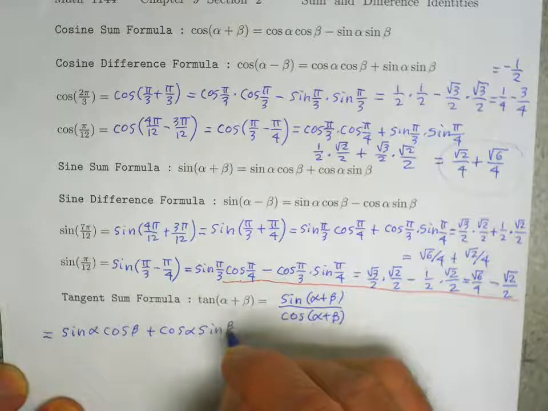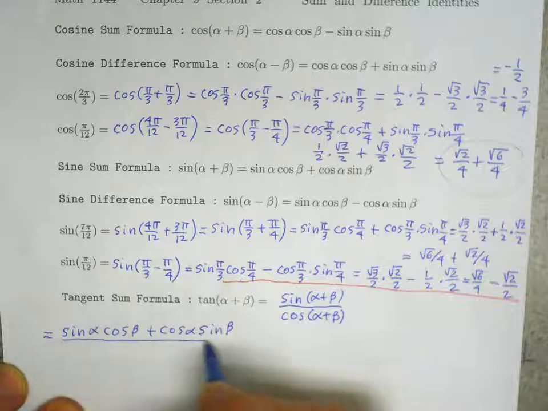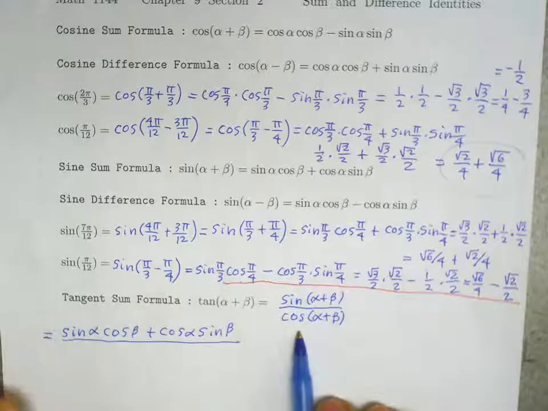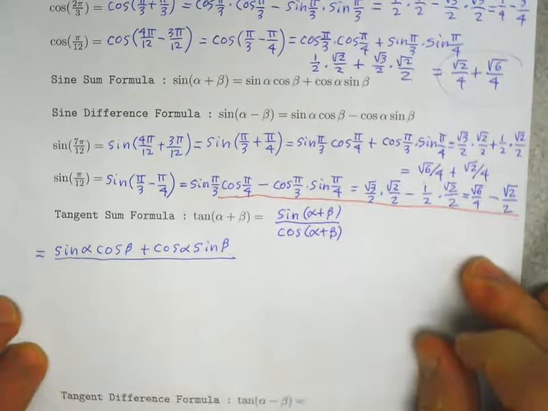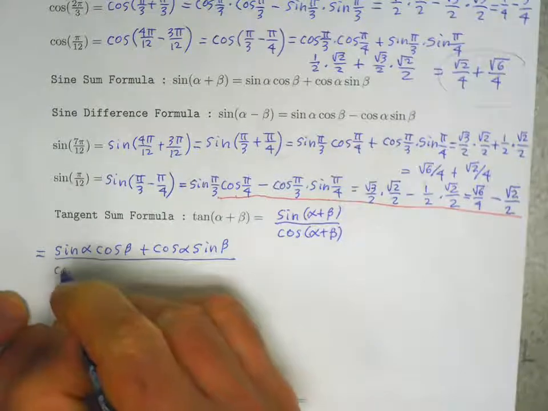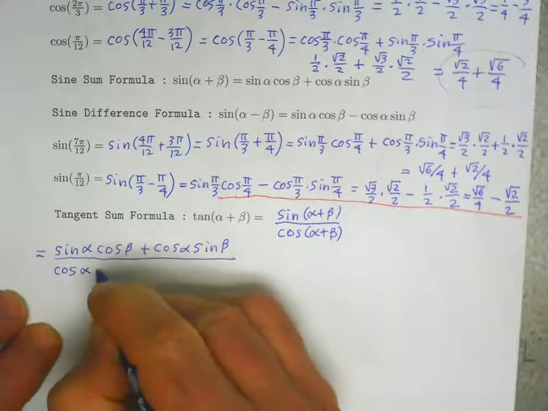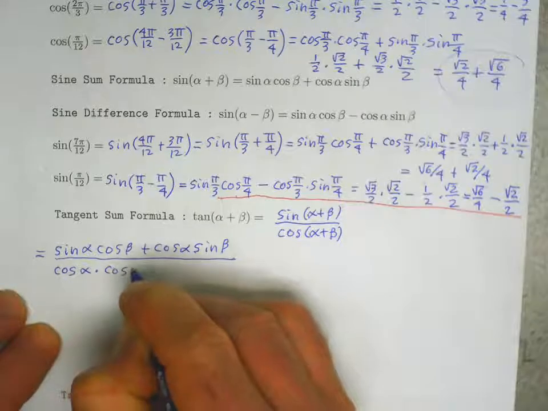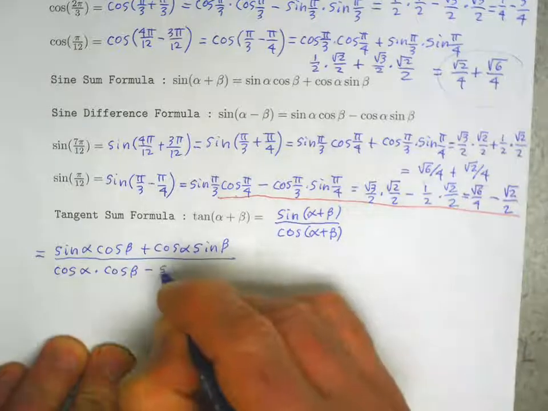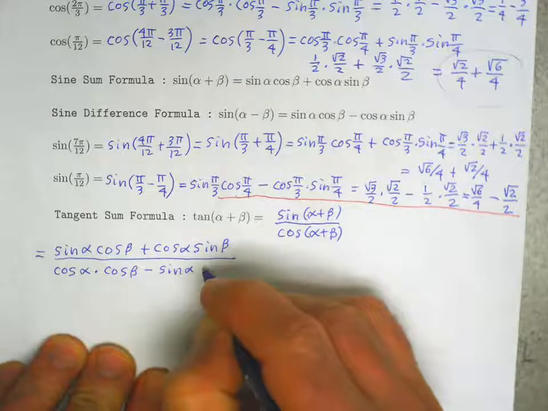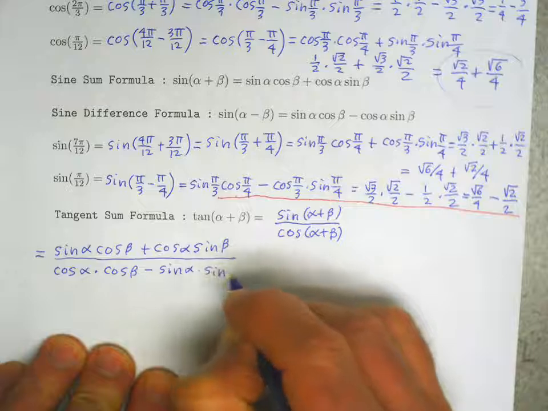That's the numerator. And then in the denominator, cosine of alpha plus beta. That's cosine of alpha times cosine of beta minus sine of alpha times sine of beta.